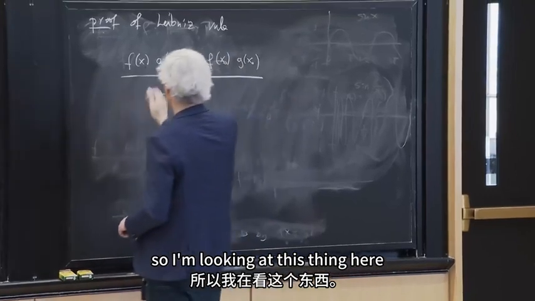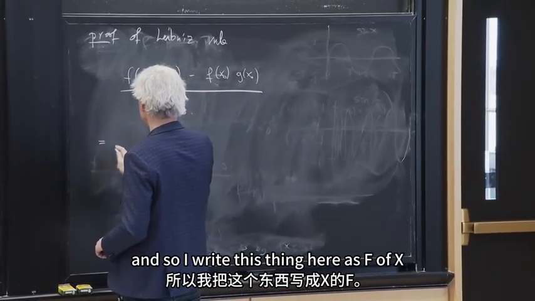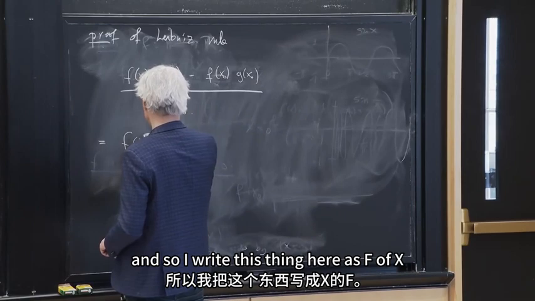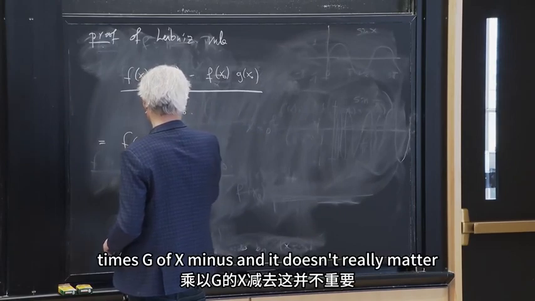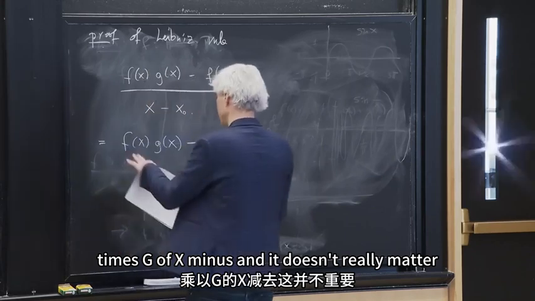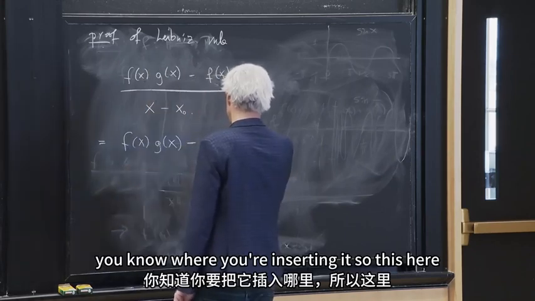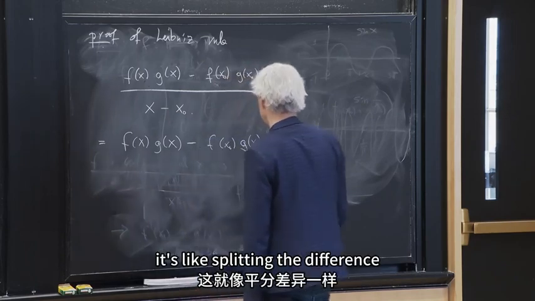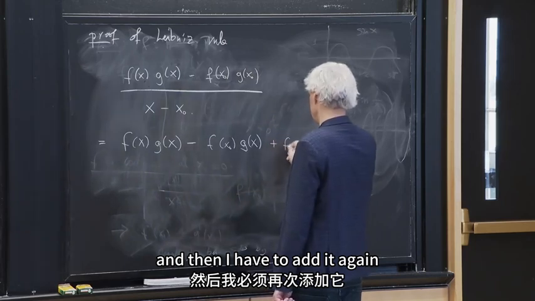So I'm looking at this thing here, and I write it as f of x times g of x minus, and it doesn't really matter where you're inserting it, f of x0 times g of x. This is like splitting the difference, and then I have to add it again.